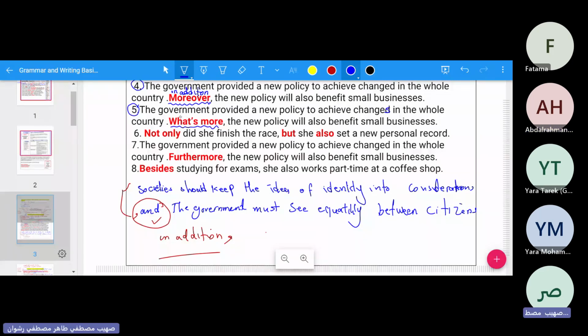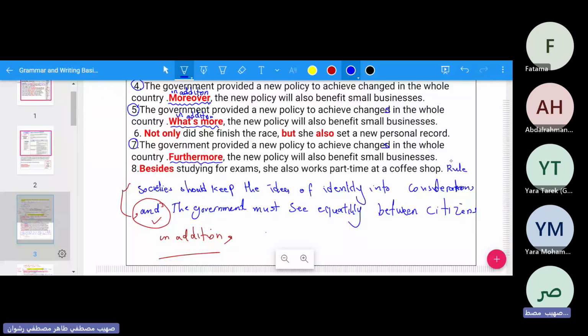So "what's more" is also the same as "moreover" and the same as "in addition". There is no difference. Okay, let's read number 7. Yara Tariq, read number 7. The government provided a new policy to achieve change in the whole country. Furthermore, the new policy will also benefit small businesses. Yes, thank you. Number 8 has a rule.